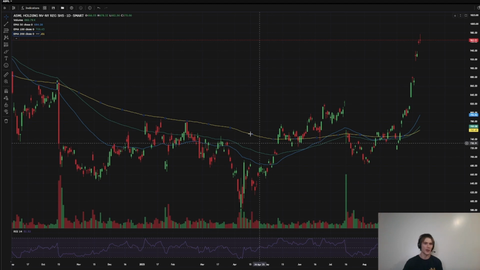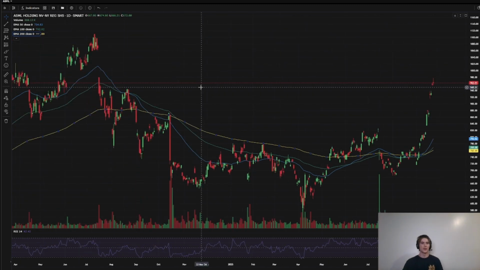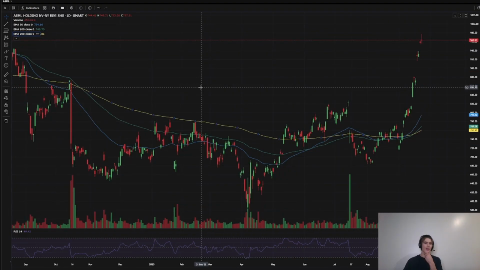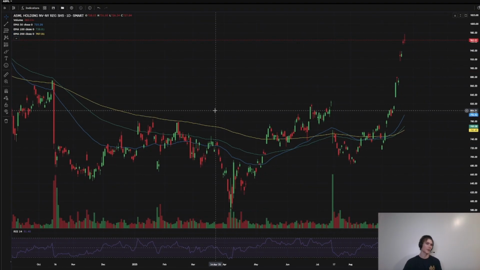So we're going to take a peek here at this 200 EMA on this 3-month, and look at this. There's essentially two breakout points on the 200 EMA, one of which helped influence my contract sizing for ASML in particular.